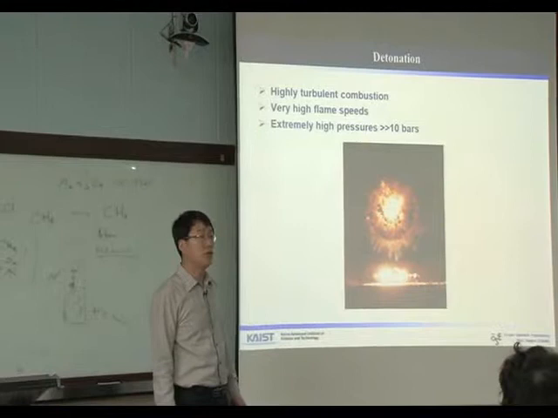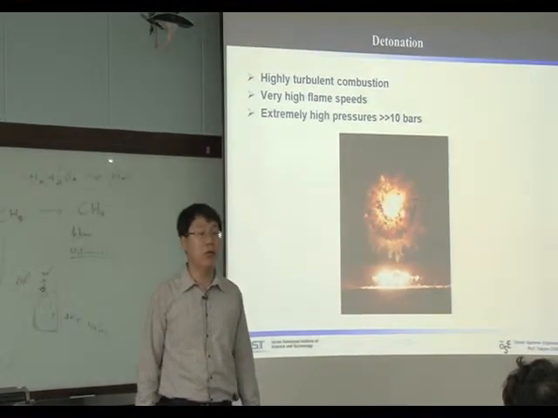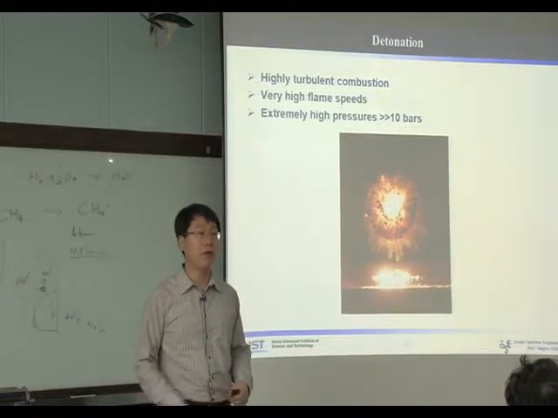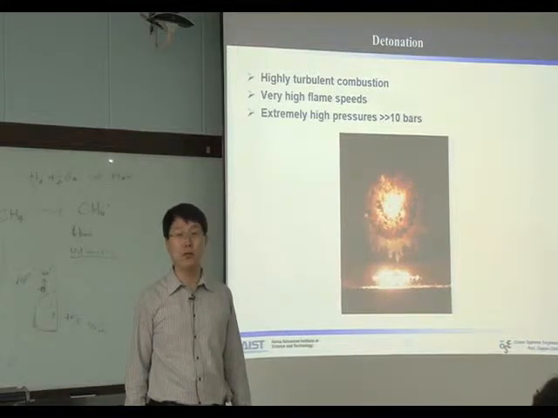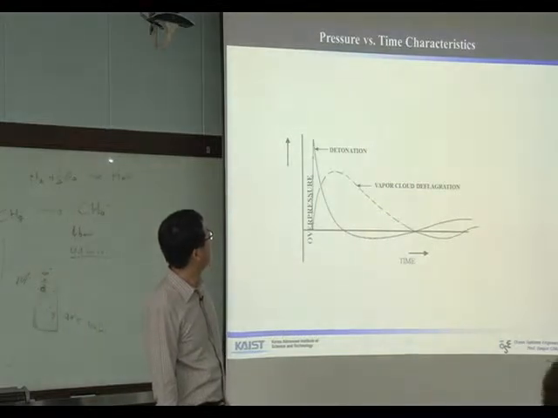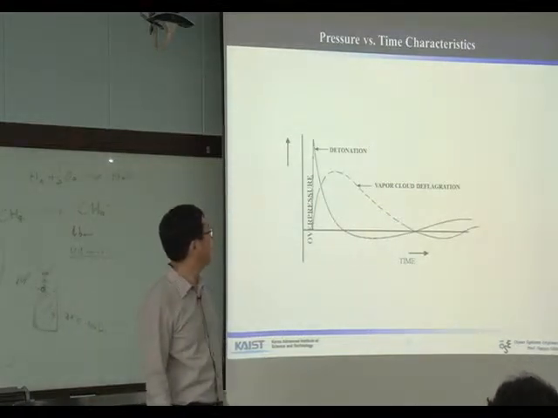This is detonation. We are very familiar with detonation. Every day if we watch TV, there are many programs that give us the phenomenon of detonation or explosion. This is a kind of pressure profile.